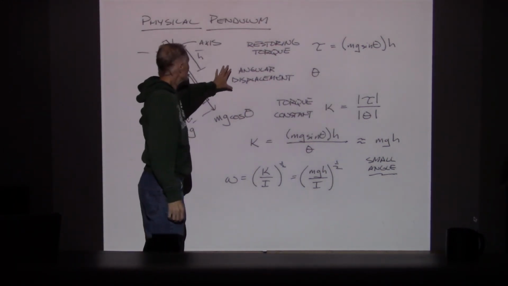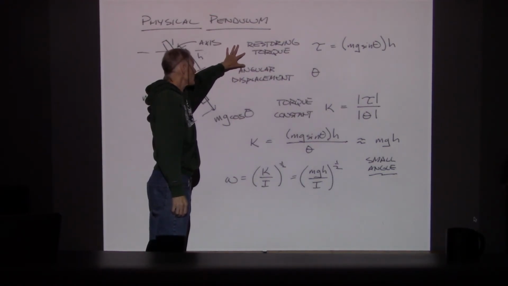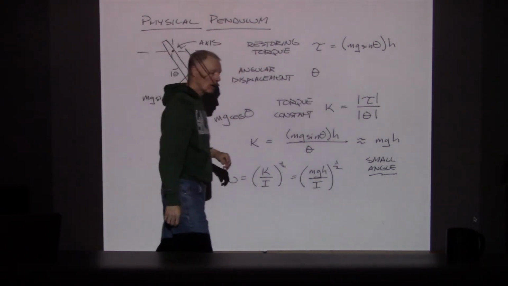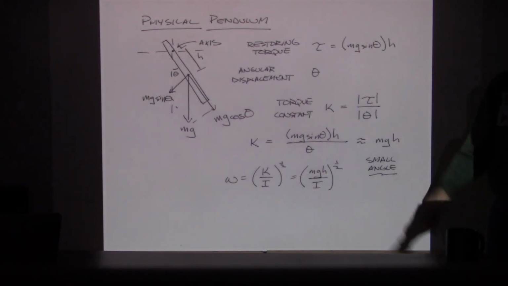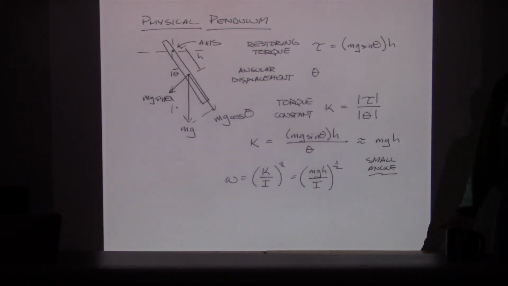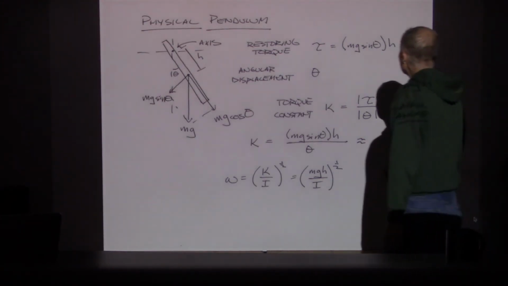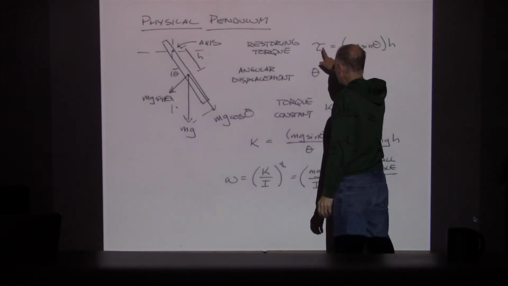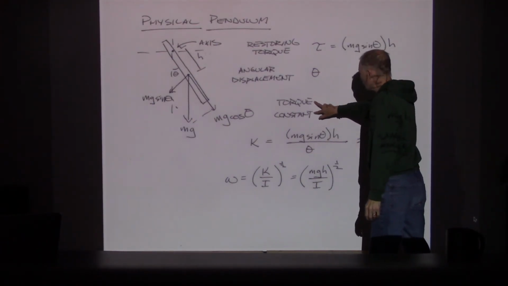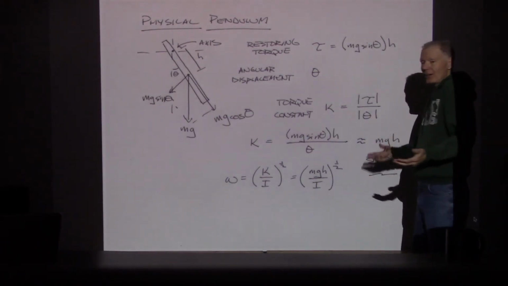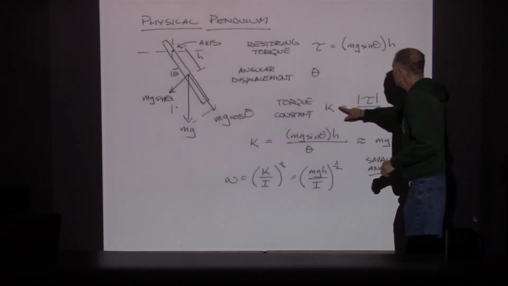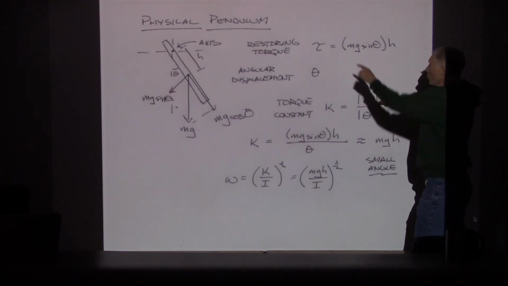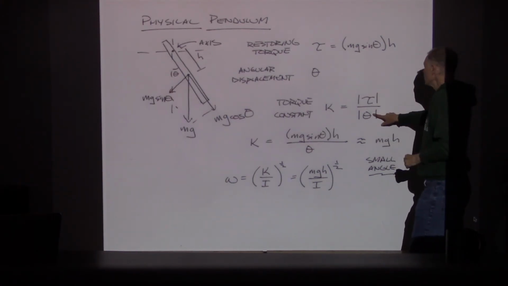Now the angular displacement, since it's torques and rotations we're looking at, the displacements are going to be angles. And so the angular displacement is just theta, being measured in radians. And so what we can do then is define a torque constant the same way we define a force constant. So the k value here is going to be the restoring torque formula divided by the angular displacement.